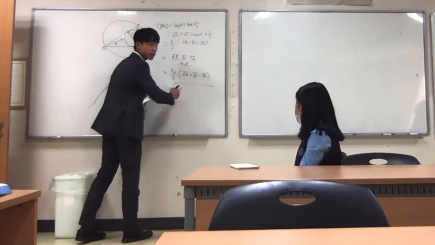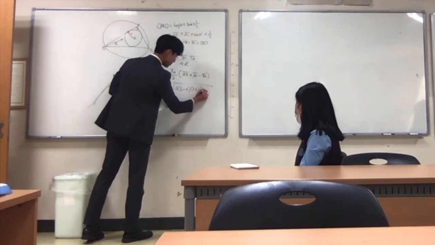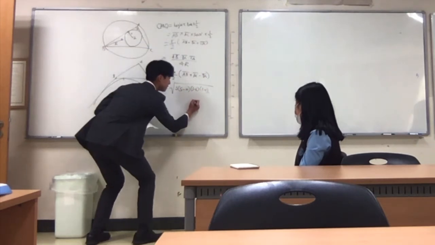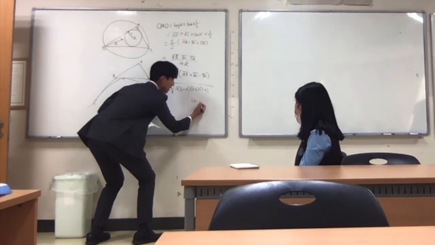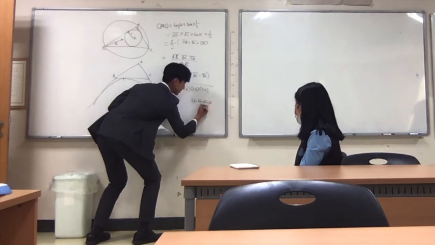And the next one actually has a name. This one's called Heron's formula, and this small s here equals the length of each of these sides added together and divided by 2.